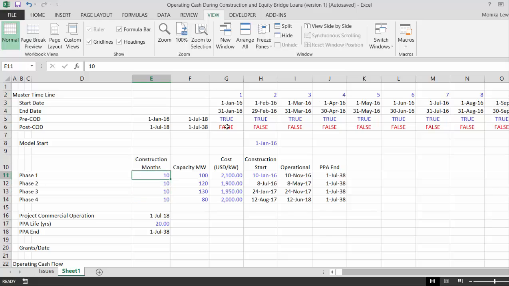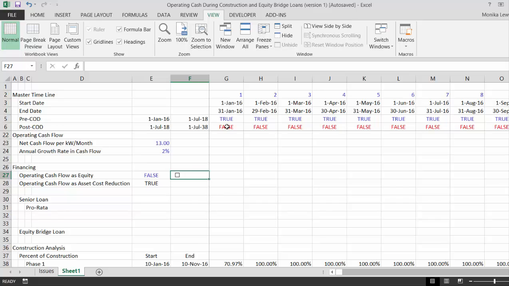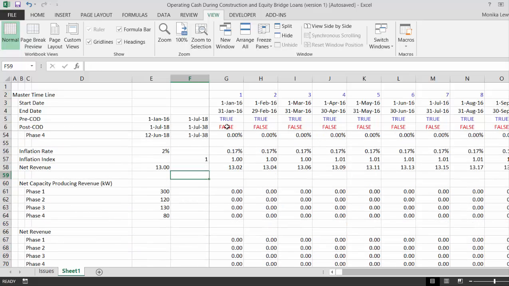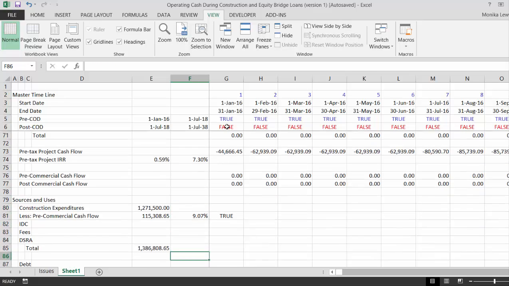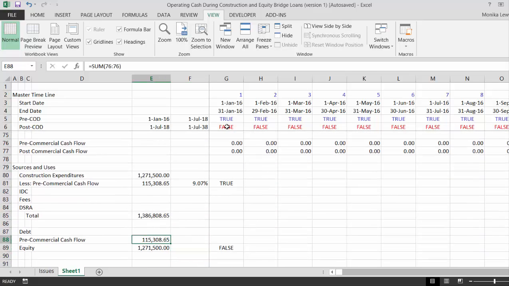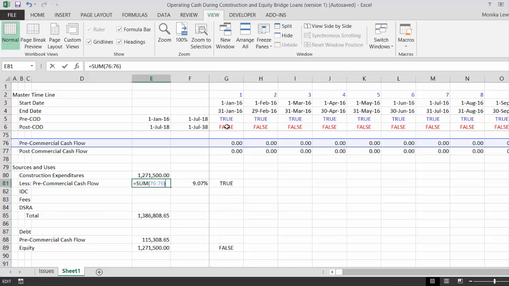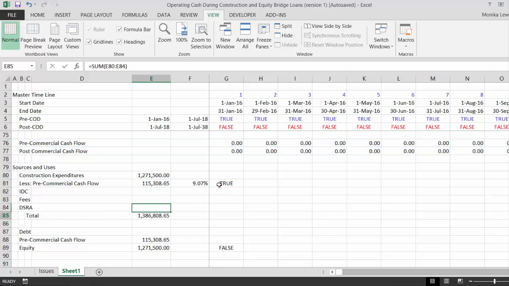Let's make this first bunch of turbines 300, okay? Takes a little while apparently to calculate. For some reason it didn't. So we have 10%. That's 10% of our cash flow is our pre-commercial cash flow. So we can just multiply this by the true. Okay, and whoops, I put it in the wrong place.